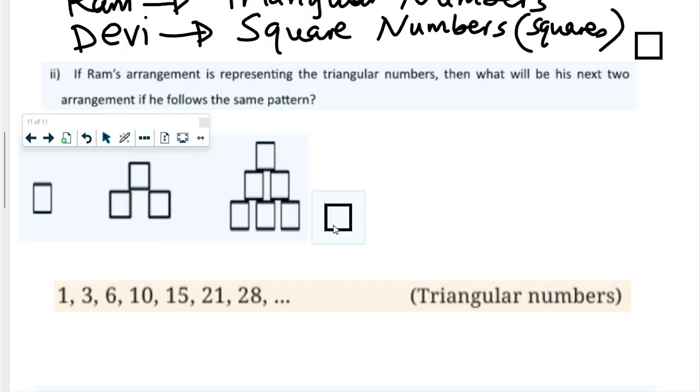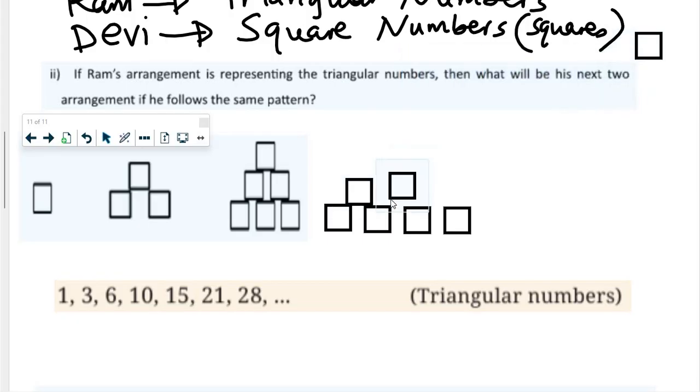So go ahead and make 1, 2, 3. So make 4 here. 1, these are 2, these are 3, 1, 2, 3, 4. And then take 1, put it just above here.